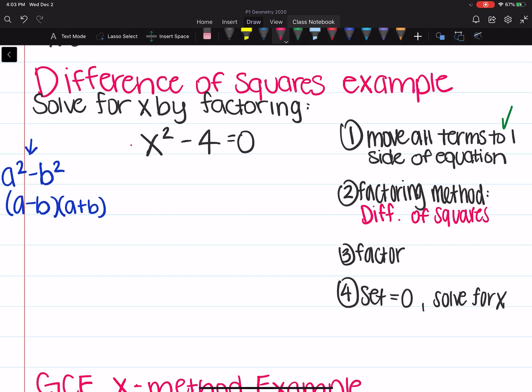So factoring by difference of squares here, I'm going to take the square root of each of these. The square root of x squared is x, and the square root of 4 is 2. And I want to have opposite signs in each of my factors.